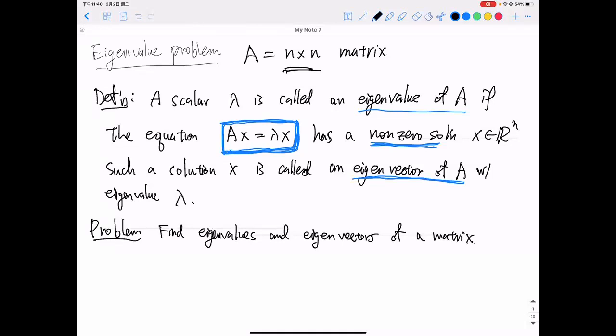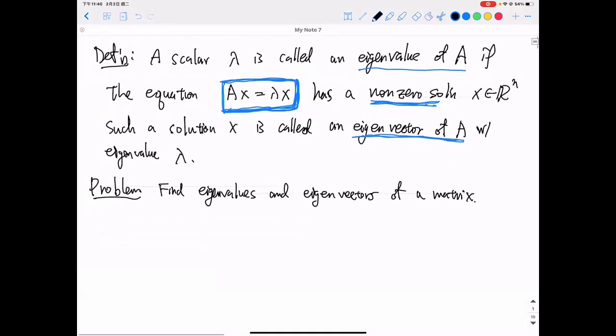That's what we call the eigenvalue problem. Okay, so let's consider the 2x2 case. This is the simple case where everything can be made very explicit and indeed very simple.